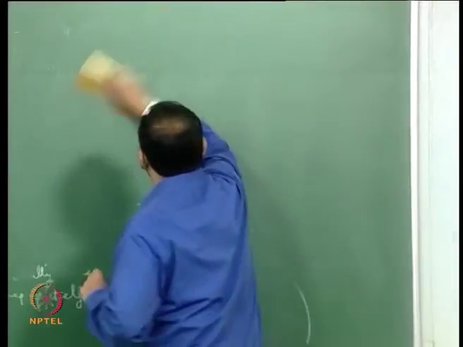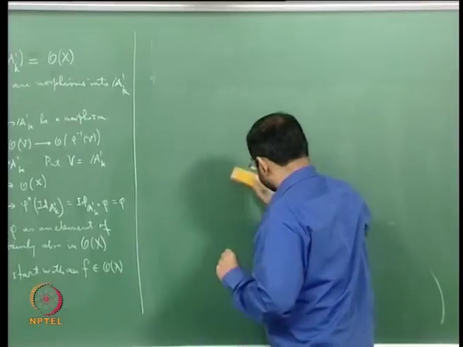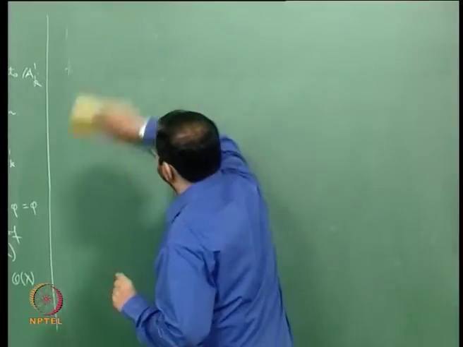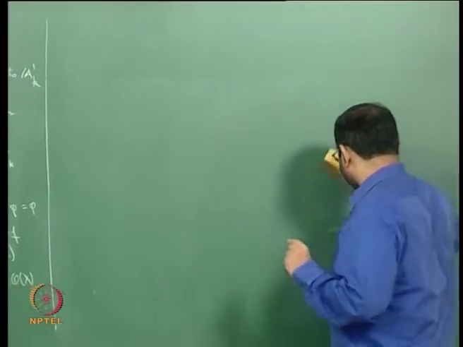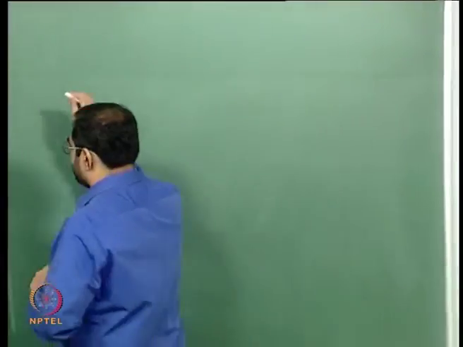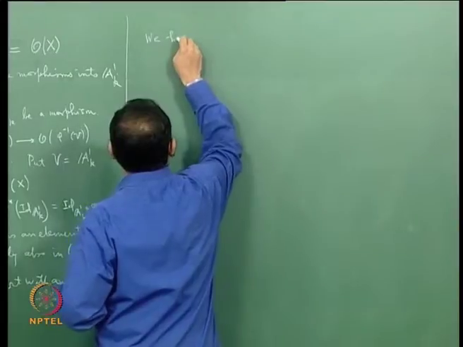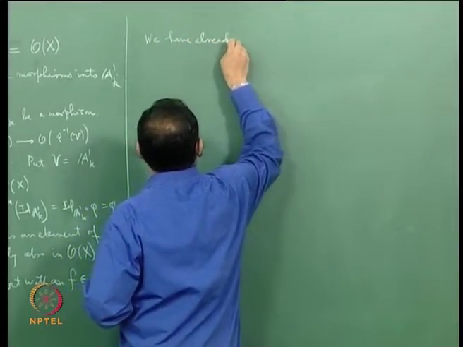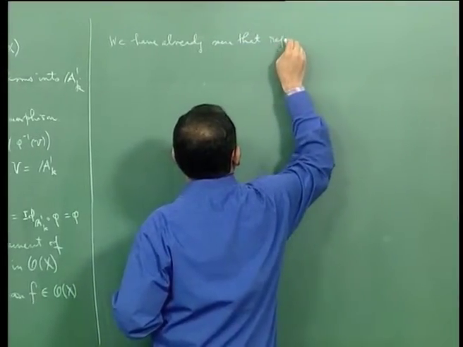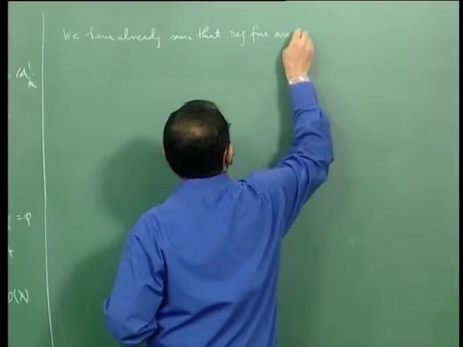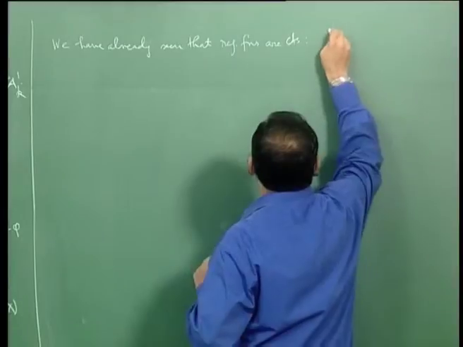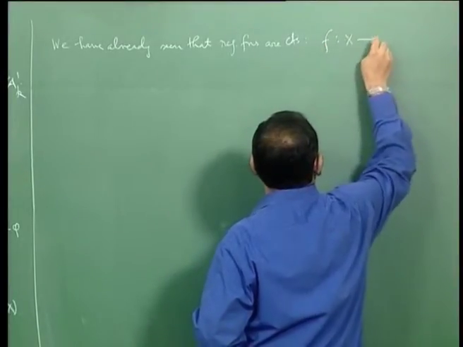So f in O of X means that f is a regular function defined on X, its target is K, and we have already seen that if this target K is given the Zariski topology and is thought of as A1, then this f is of course continuous. We have already seen that regular functions are continuous. So that means that f from X to A1 is continuous.